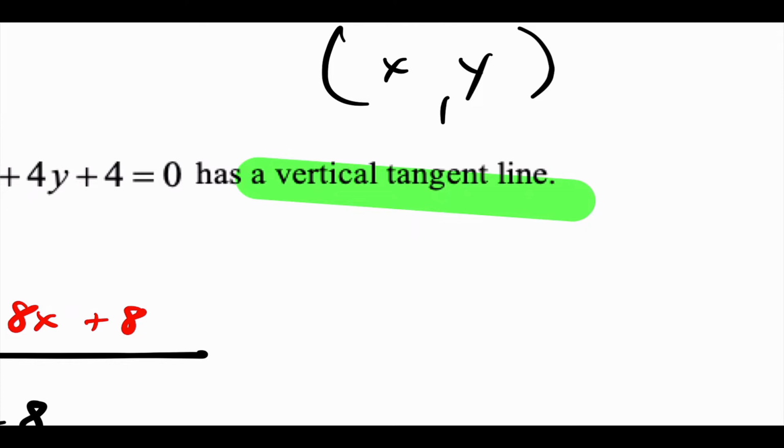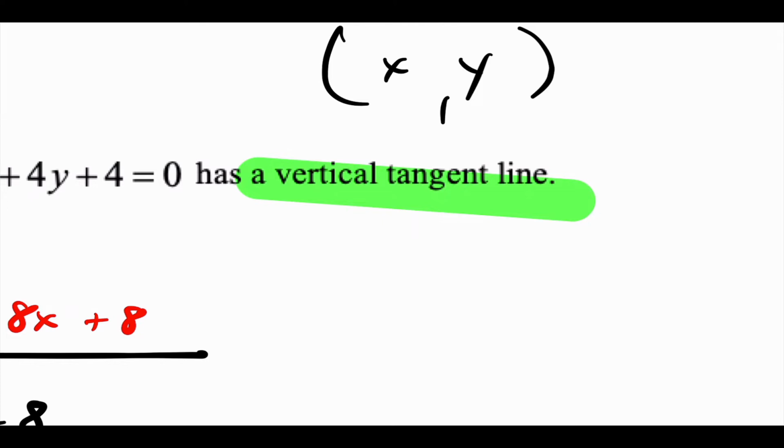If something has a horizontal tangent line, slope 0, right? One right there.